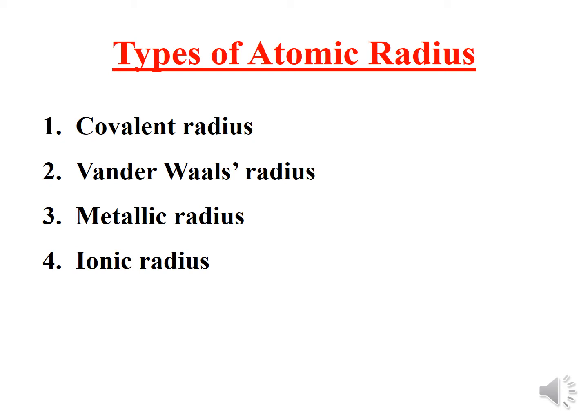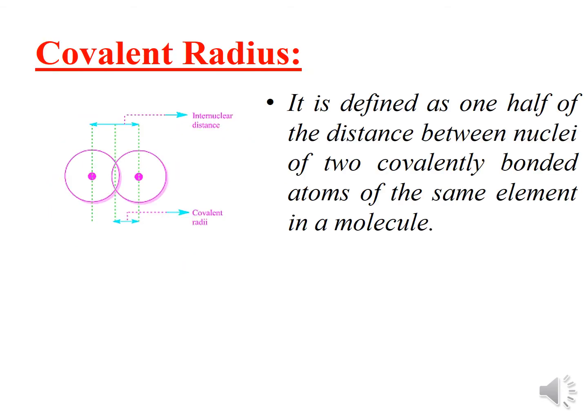First we will start with the covalent radius. It is found in the atoms which form a covalent bond. These are two atoms forming a covalent bond. These are the nuclei. The distance from this nucleus to this nucleus is known as the internuclear distance.